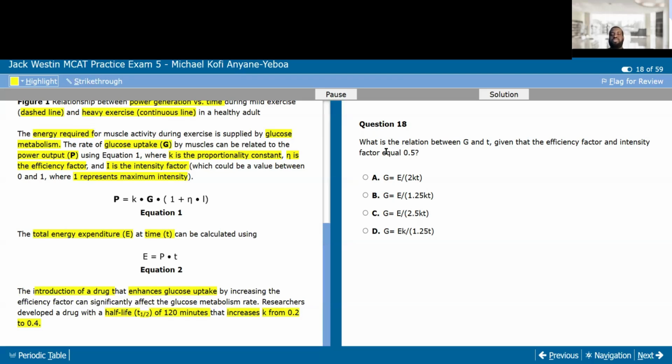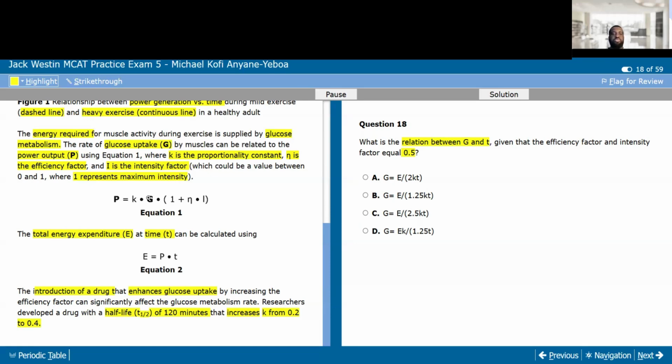The first question: what is the relation between G and T? This is really the question they're asking, given that the efficiency factor and intensity factor equal 0.5. So both the efficiency factor and intensity factor equal 0.5, right? So now let's see.